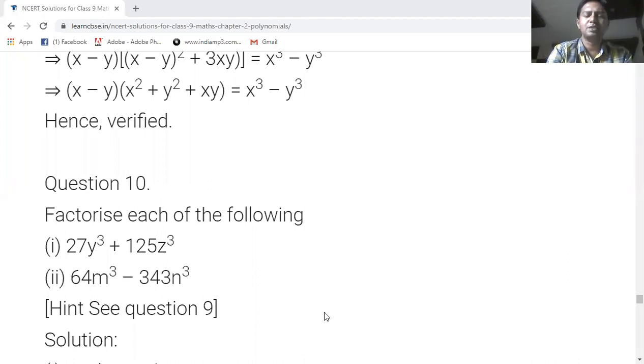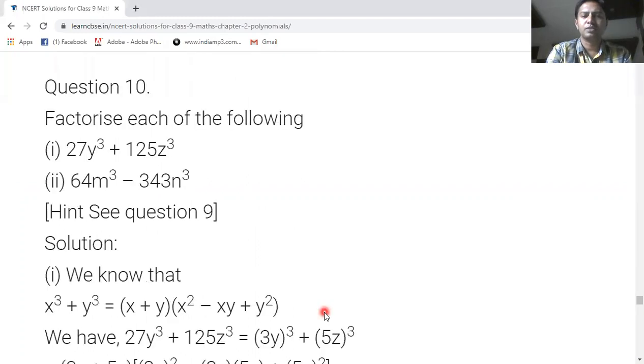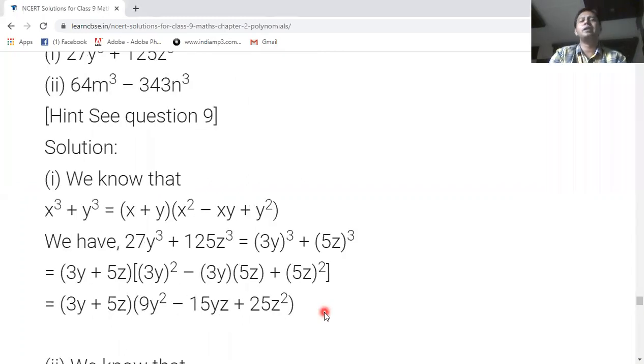So we can write it as (3y) whole cube plus (5z) whole cube, and we know the identity, that is x cube plus y cube is (x plus y)(x square minus xy plus y square).